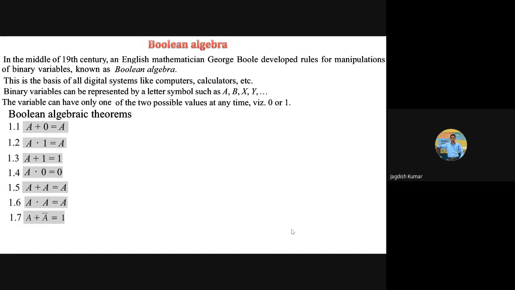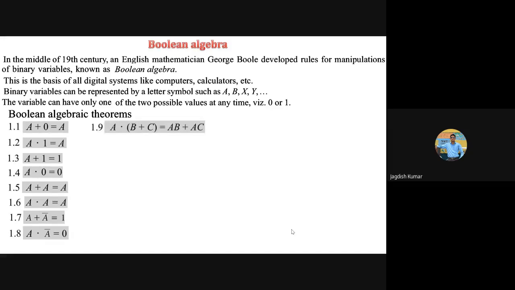So if A is 0, A bar will be 1, so output will be 1. If A is 1, A bar will be 0, but then output is also going to be 1. So A or A bar is equal to 1. What will be the corresponding AND expression? A and A bar will be 0, isn't it? That will be 0. This is another straightforward theorem.